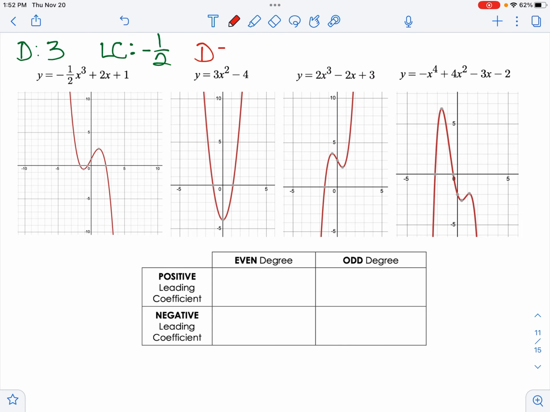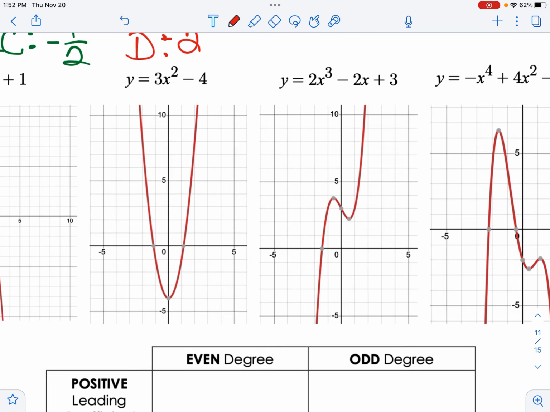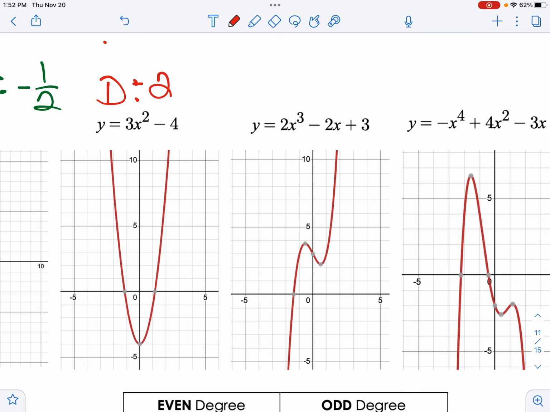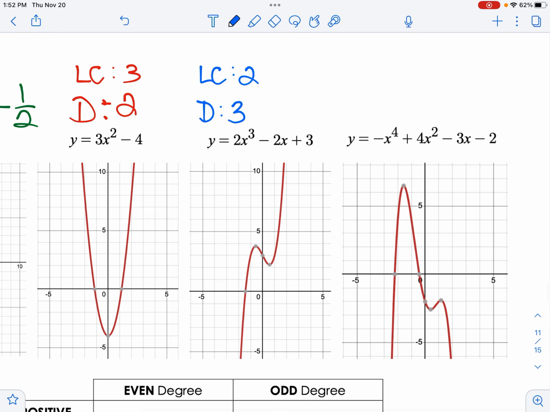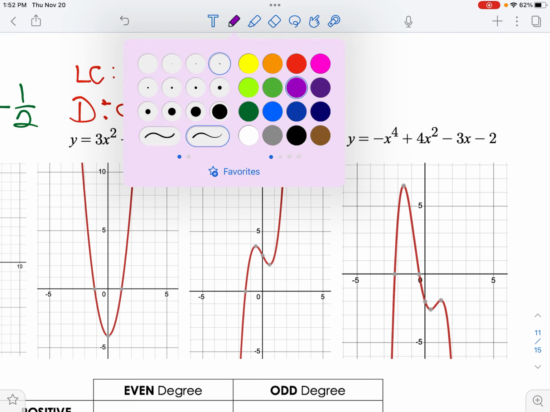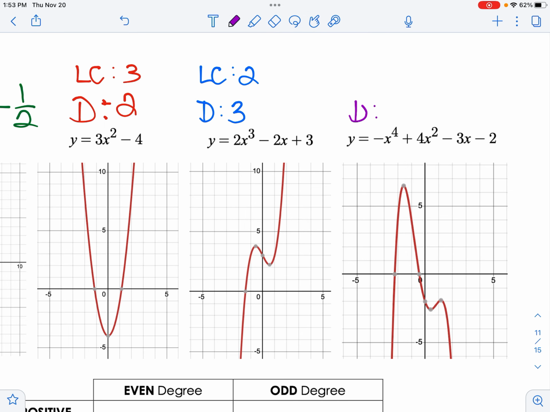This one has a degree of 2, and the leading coefficient, I'll write it up here, is +3. This one has a degree of 3 and a leading coefficient of +2. And then lastly, this one has a degree of 4 and a leading coefficient of -1.